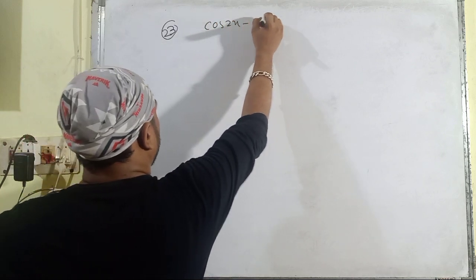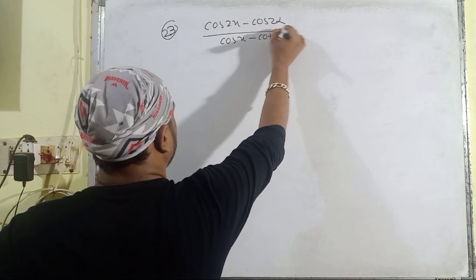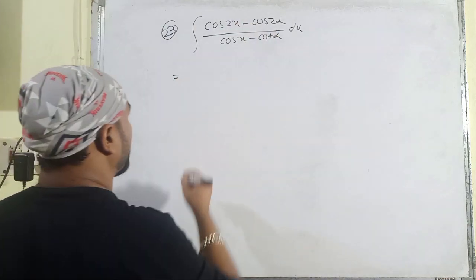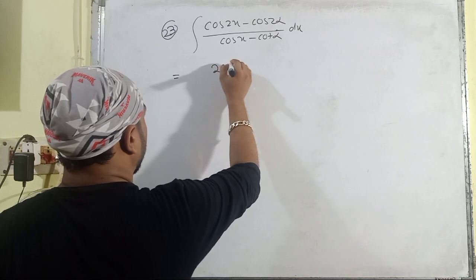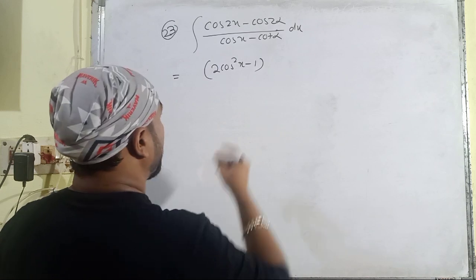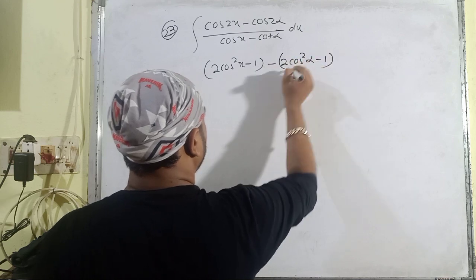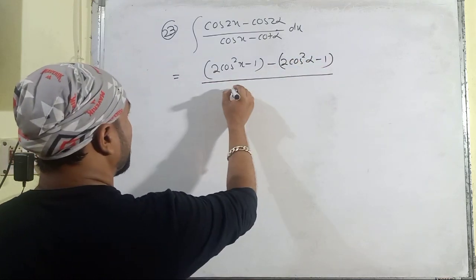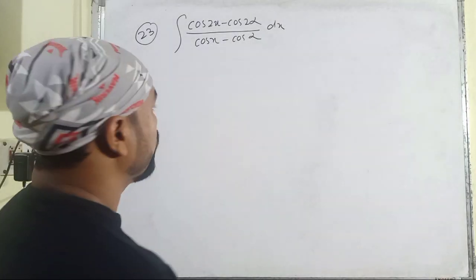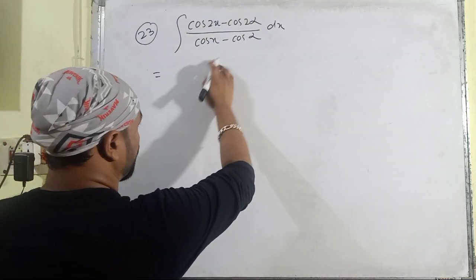We have to integrate (cos 2x minus cos 2 alpha) divided by (cos x minus cos alpha) with respect to x.